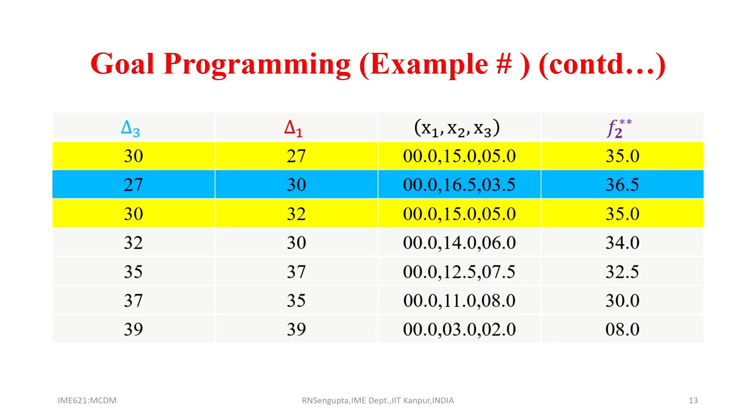These are again replication of the same way; for F2 double star 35, the decision variables are 0, 15, 5.